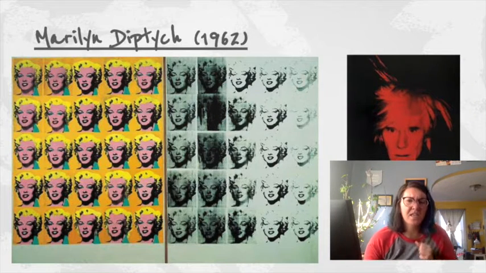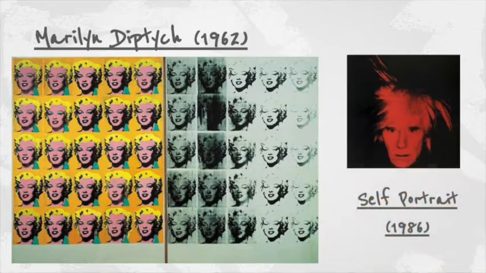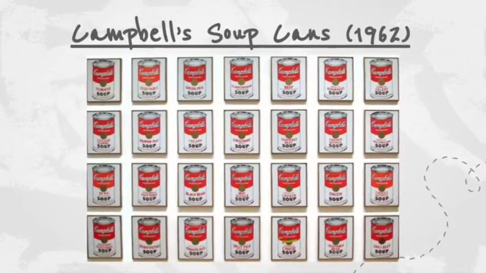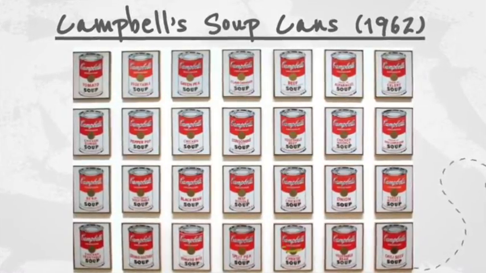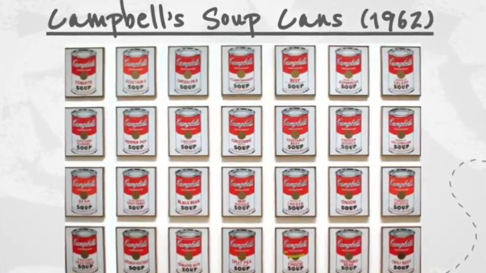Interesting. Let's look at another artwork by Andy Warhol. This is Campbell's Soup Cans, made in 1962. What do you notice about this artwork?